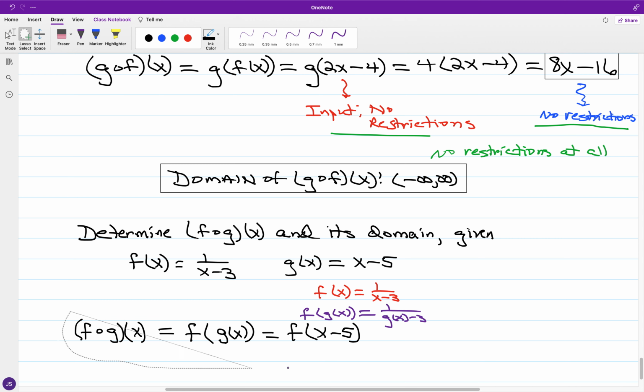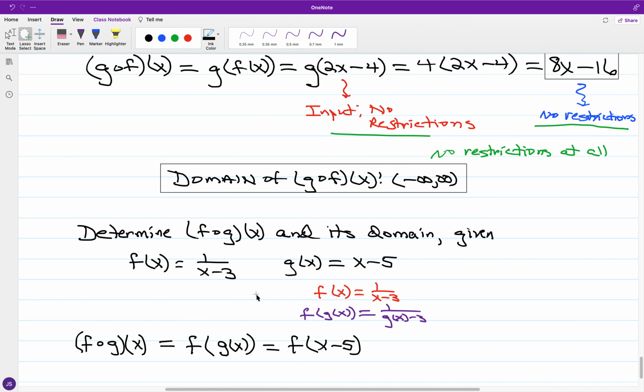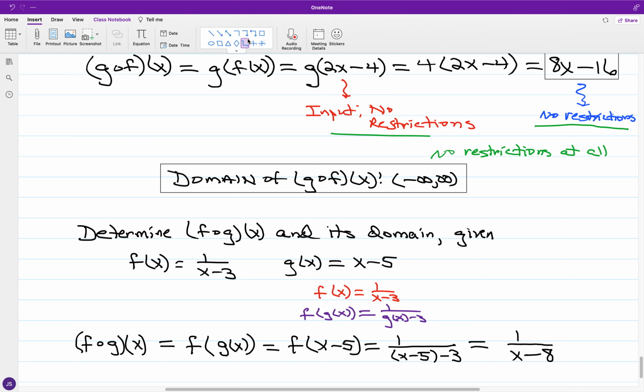With the input specified as x minus 5, we'll have 1 over x minus 5 minus 3. For the resulting composition, negative 5 minus 3 results in negative 8. So that will be the final composition: 1 over x minus 8.